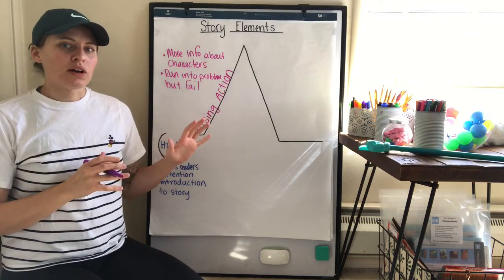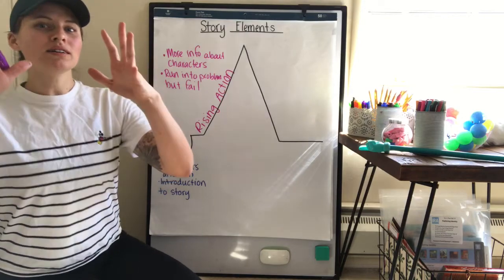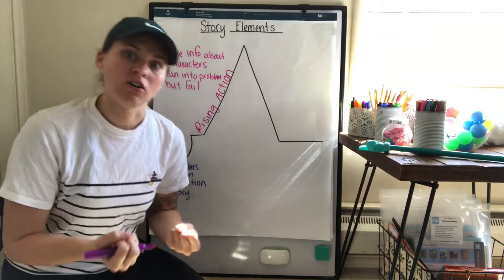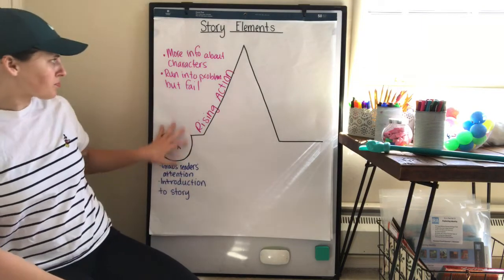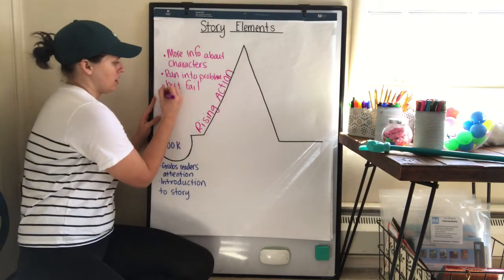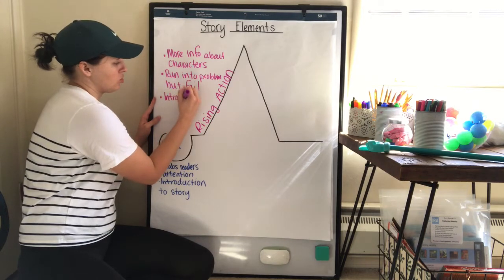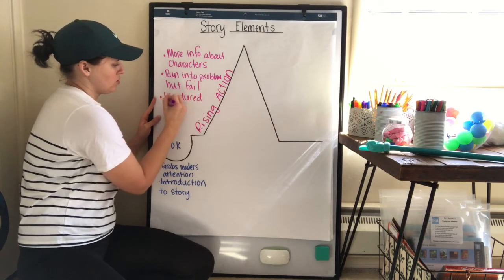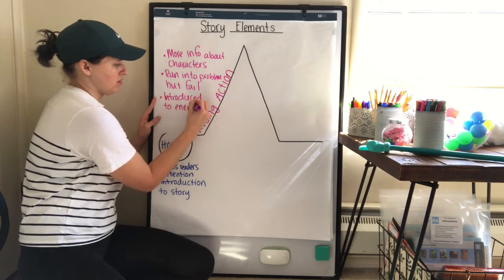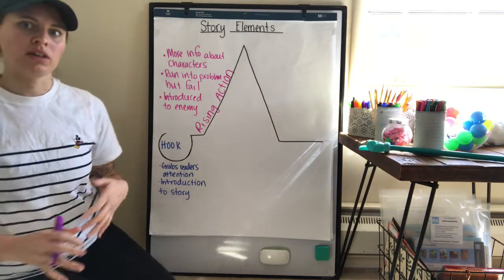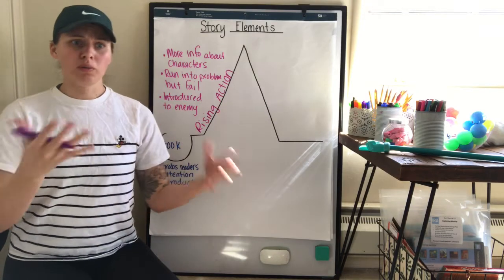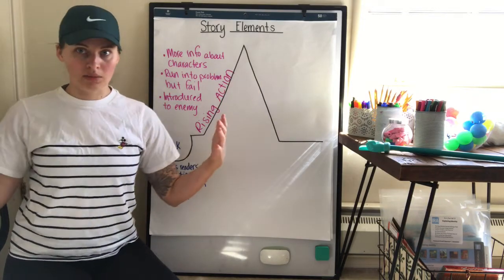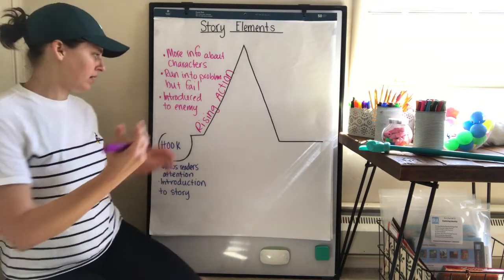So usually when we have stories, we have some kind of problem, but we don't quite solve it, or we fail, or we lose, or whatever the issue is. Maybe we're introduced to the enemy. Right? We're introduced to the enemy that we're going to fight, whether that's a person, whether that's ourselves, whether that's a group of people or some kind of worldly problem, whatever it is, we're introduced to it.